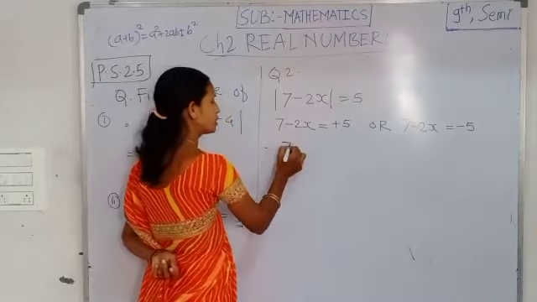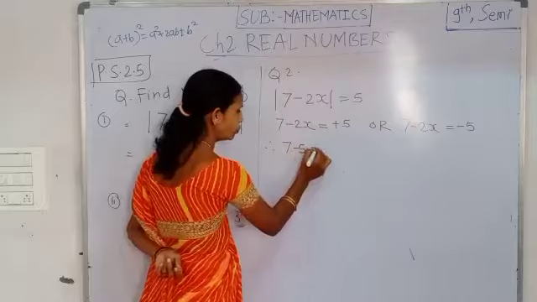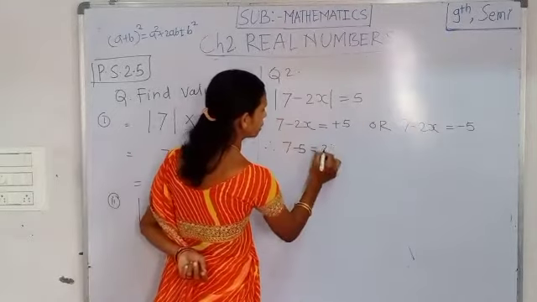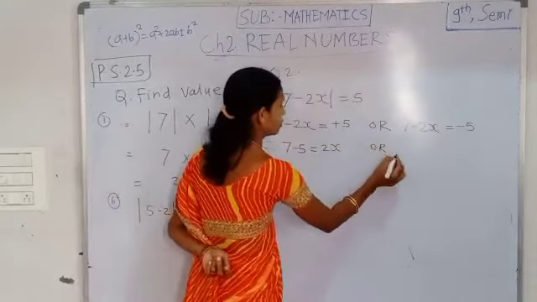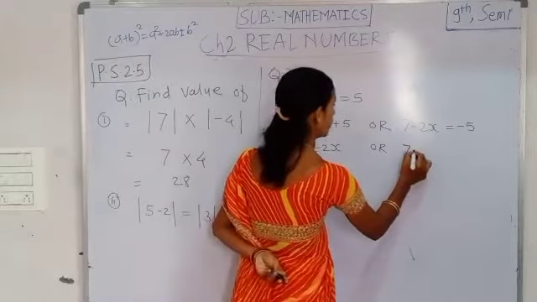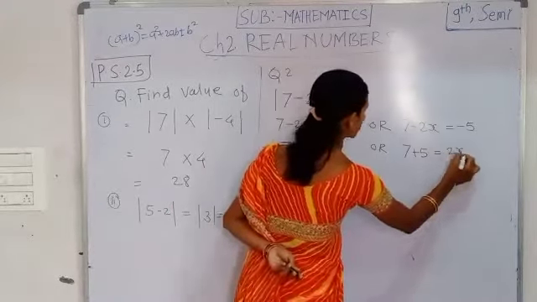Then 7 minus 5 is equal to 2x, or 7 plus 5 is equal to 2x.